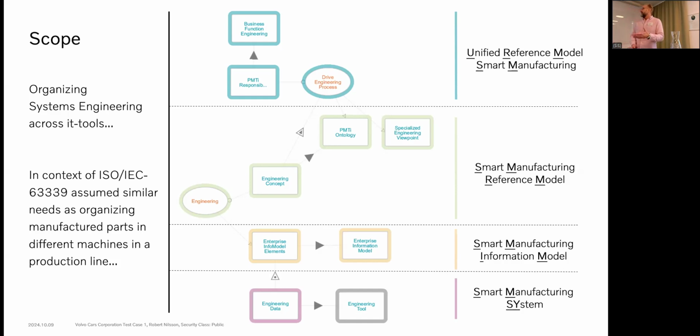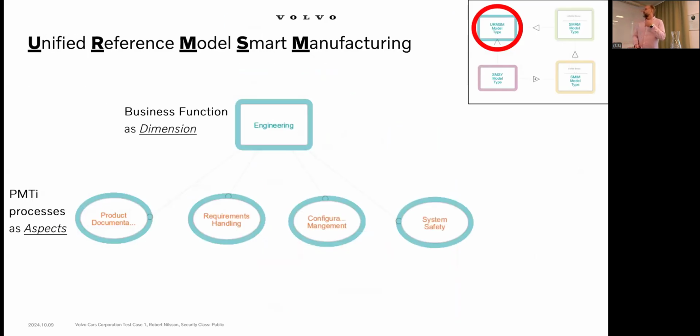So following this slide, I will start with the unified reference model for smart manufacturing, top left, where the business function would be engineering, right? There are other functions. Manufacturing could be one, procurement could be one, aftermarket could be one, depending on how your organization has divided its resources, right? There could be more or fewer, and sometimes they will be combined, and another organization chooses to have them separate, right?